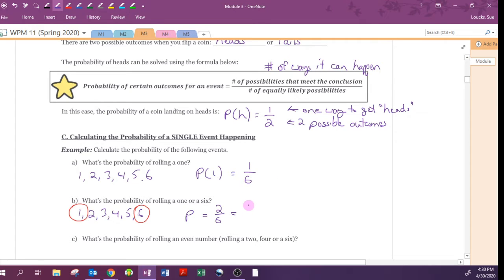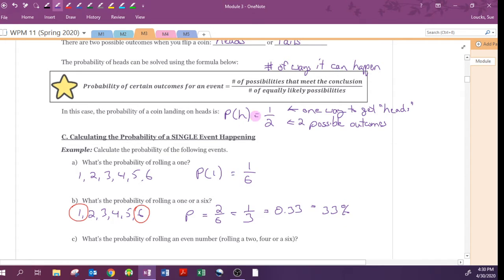And we would reduce that to 1 over 3, and we could also write this as a decimal, which is 1 divided by 3, or 0.33. It's actually 3 repeating. Or we could write that as a percent, which is 33%.